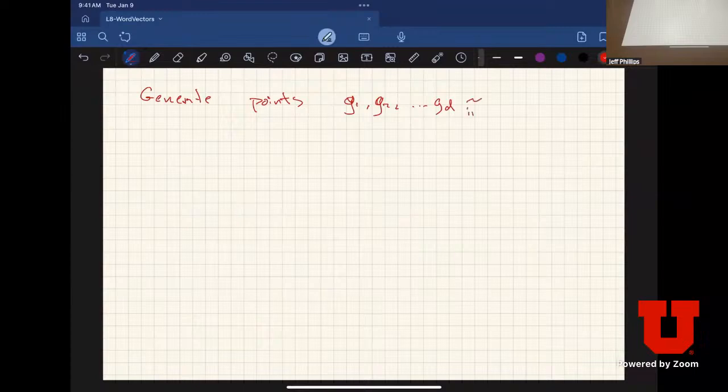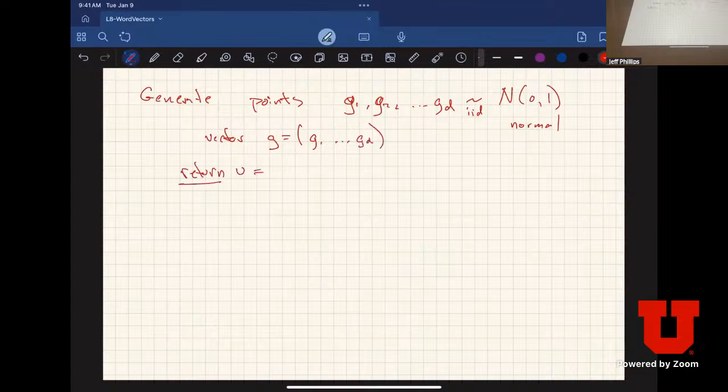These are going to be IID from a normal distribution. Then I'm going to get a vector G, which is G1 up to GD, and return G divided by the norm of G.